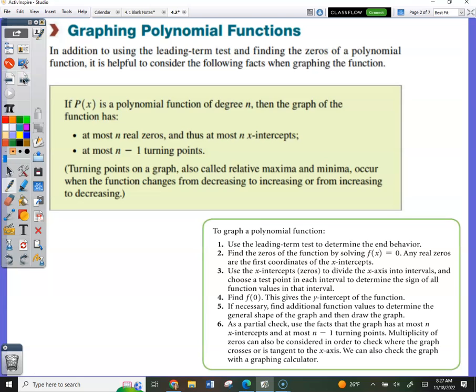So you need to wrap your mind around 2 things. And this is why in the last section, 4.1, I was able to tell you if there were more answers that we had not found yet. If you have any type of polynomial and its degree is n, then there's at most that same number of real zeros, which means x-intercepts.